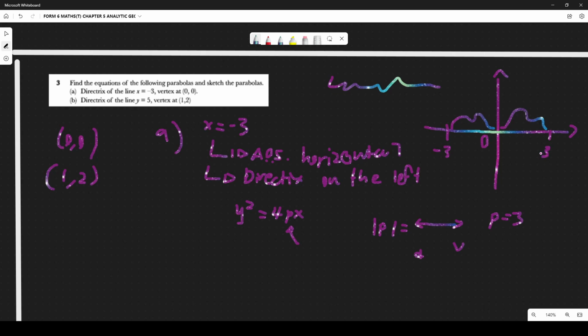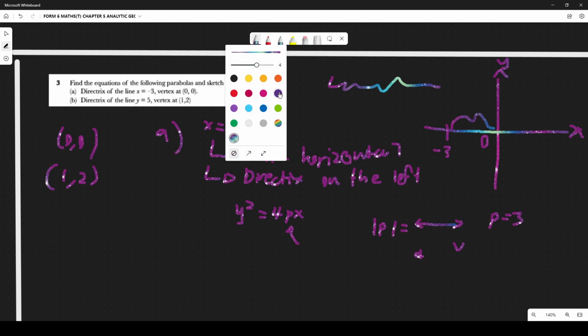Oh wait, I made a mistake. The distance is 3, so p equals 3, just 3 off. So the graph will look something like this. I'll change the color to make it more noticeable. I'll use rainbow.